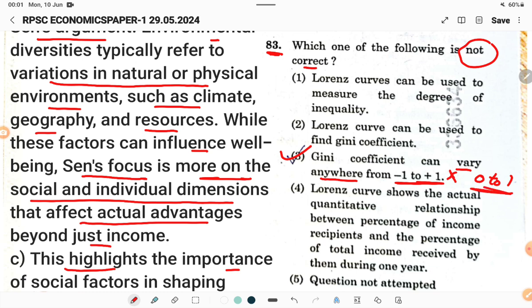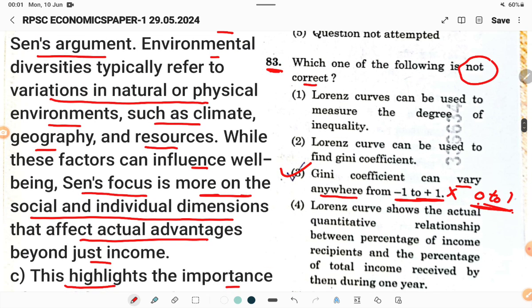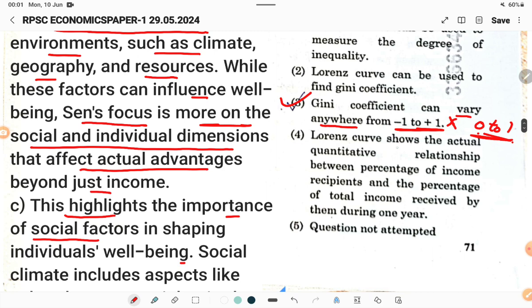A Gini coefficient of 0 represents perfect equality, and 1 represents perfect inequality, where one person has all the income or wealth and everyone else has none. So the answer will be the third statement here, because this is wrong and the question is asking about the not correct. And the fourth statement, Lorenz curve shows the actual quantitative relationship between the percentage of income recipients and the percentage of total income received by them during one year.